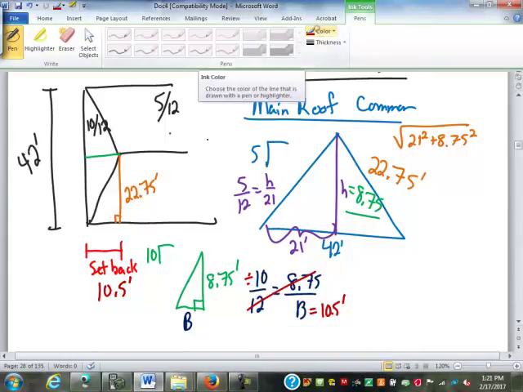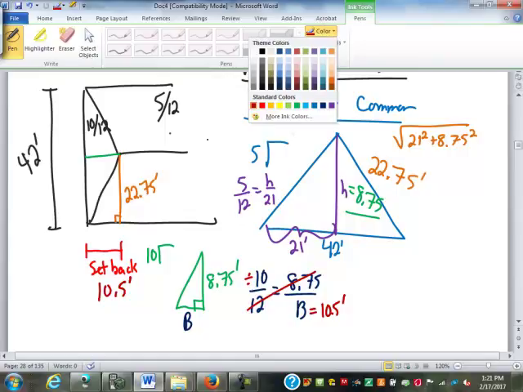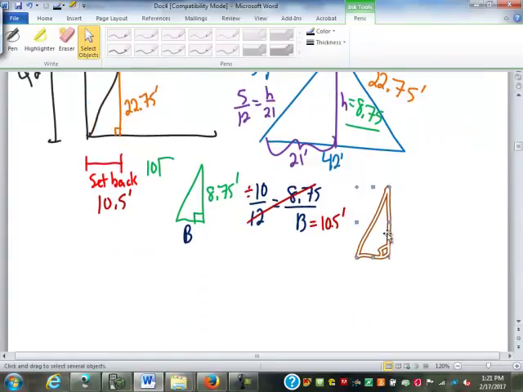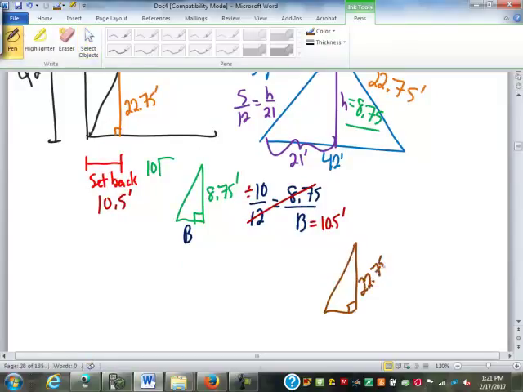So, we are going to take a look then at this triangle right here. I'll pull that one out. This, of course, is our common rafter of 22.75. This is that setback of 10.5.